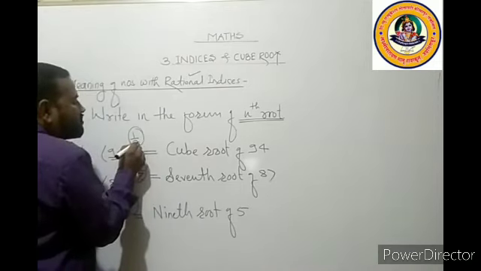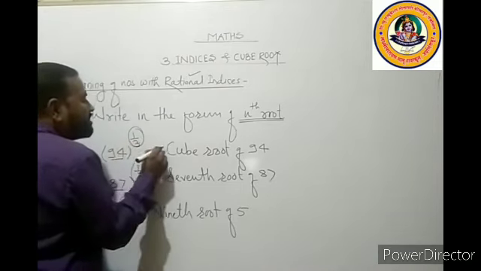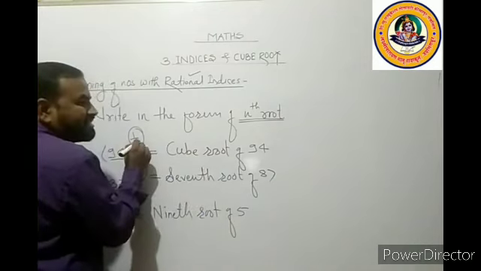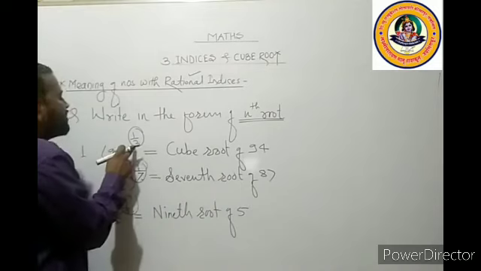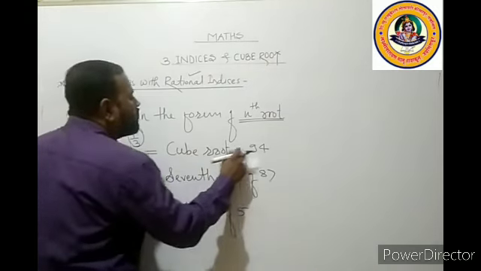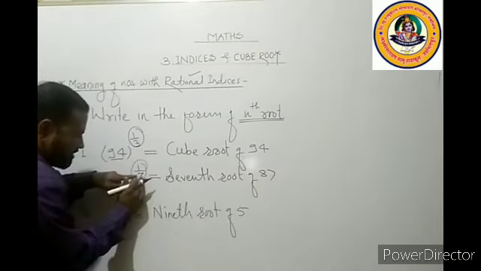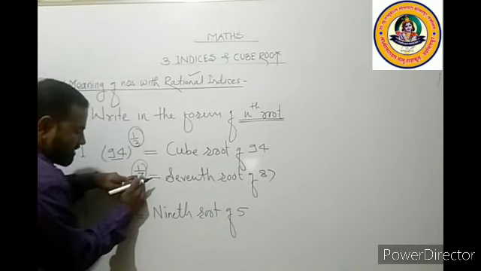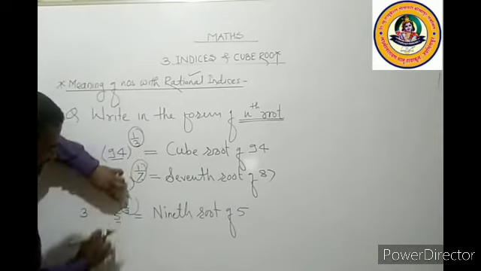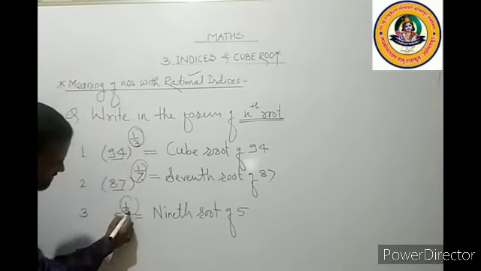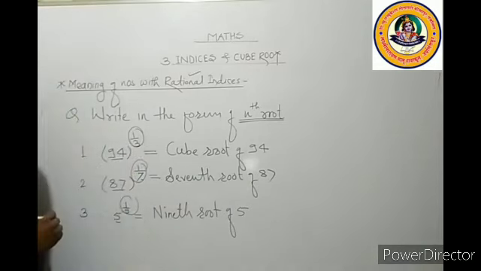But if there is a 3, we write it is the cube root. If it is a 2, we write it is a square root. That means we write cube root of 94. Here is a 7 in the denominator. We say it is a 7th root of 87. It is a 9th root of 5.